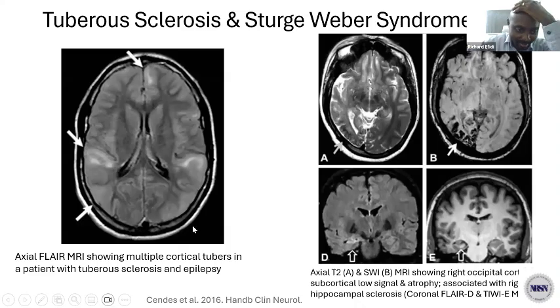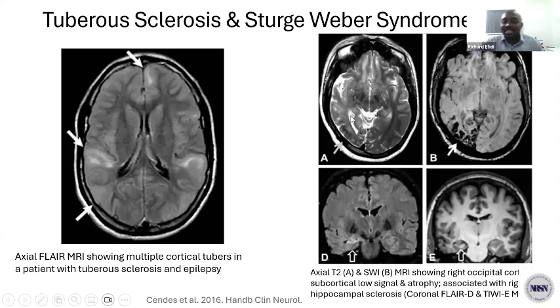And tuberous sclerosis is also a common cause of epilepsy. The T2 FLAIR axial MRI here shows multiple cortical tubers, which is characteristic of tuberous sclerosis.